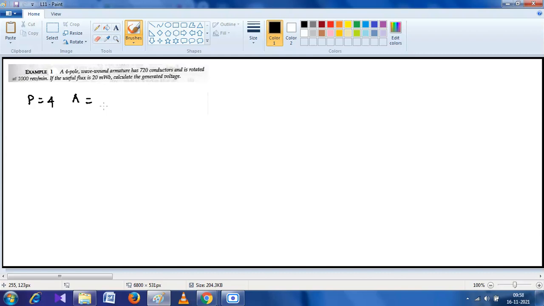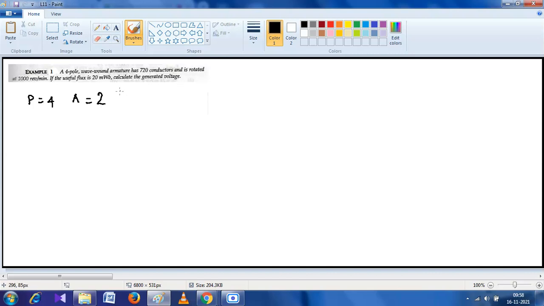We know that if the value of A is 2, then this type of machine is called wave wound. And if the value of A is equal to P, the number of poles, then this type of machine is called lap wound. So here the machine is wave wound. So we write the value of A is 2.